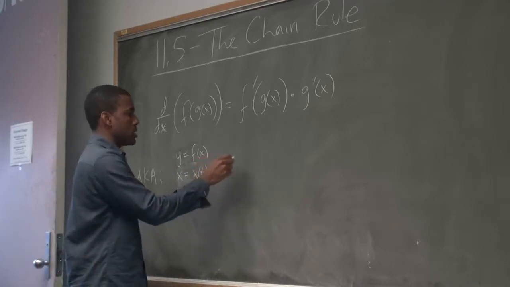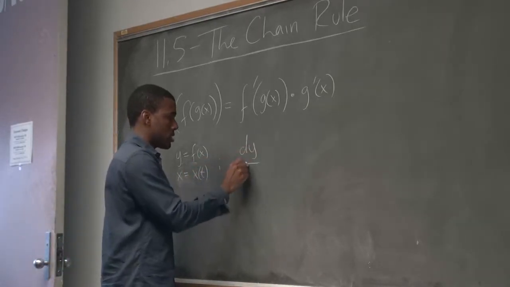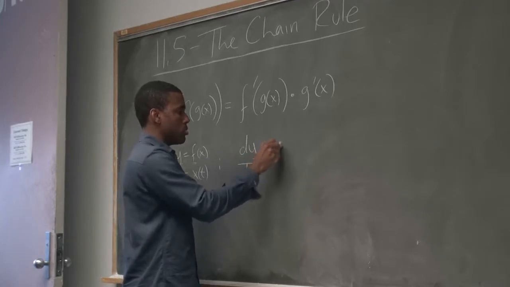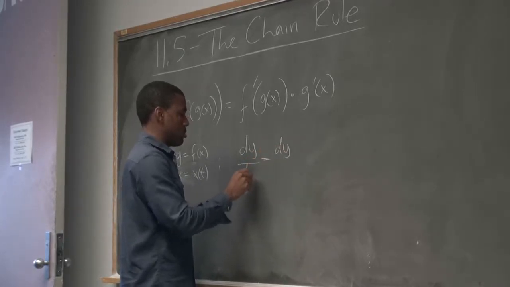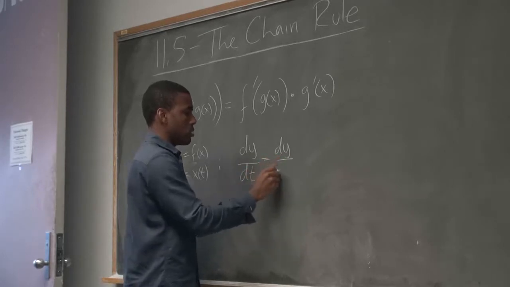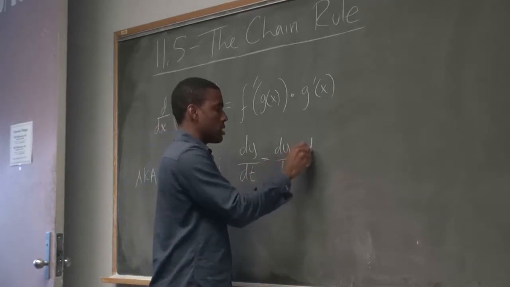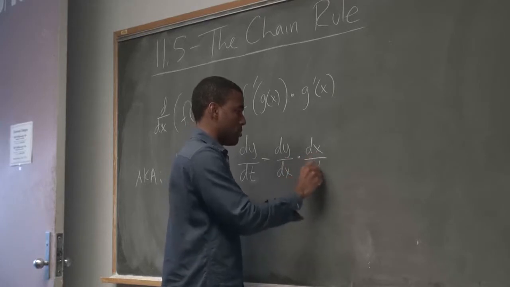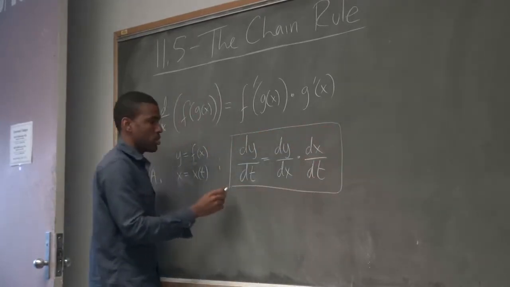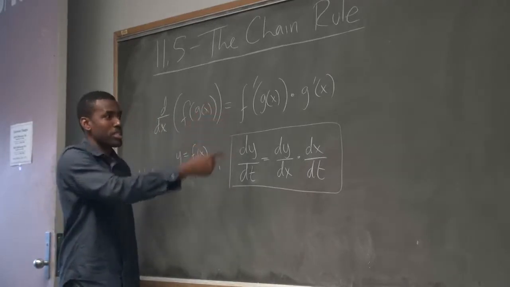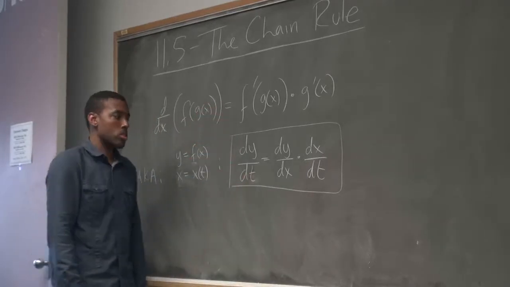Then dy dt is equal to dy dx times dx dt. This was also another formulation of the chain rule that you were told, but no one remembers that one, everyone remembers the other. But this is the one we're actually going to use.